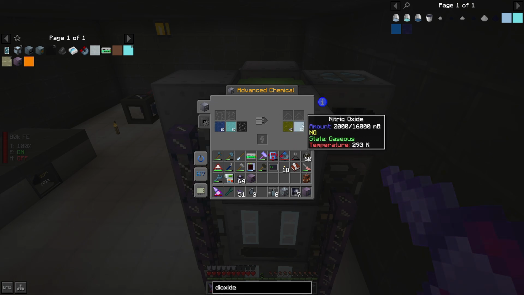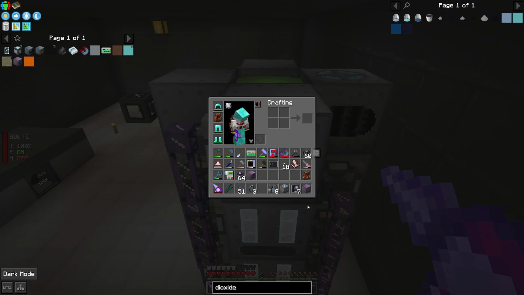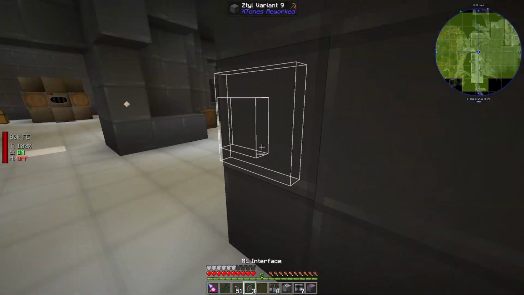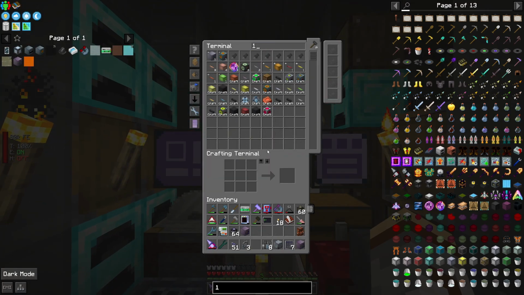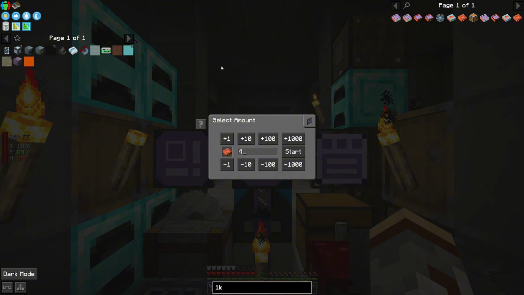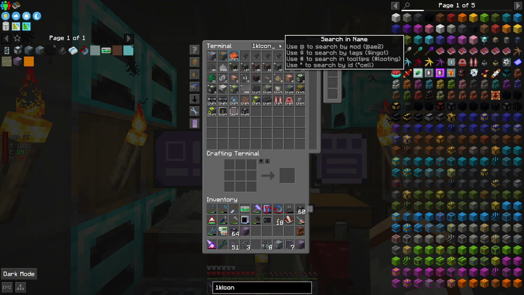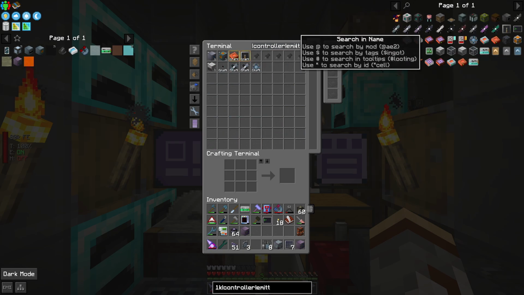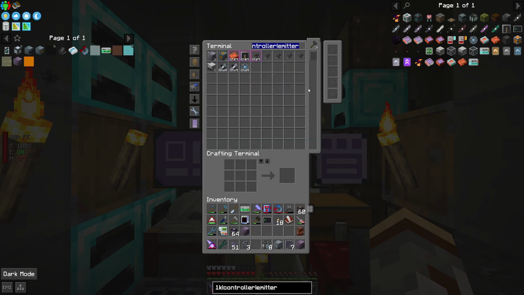So we're going to make a cell for that. But in the meantime, oh, I didn't grab the controller. So yeah, let's take care of this while we're here. Let's get a couple of these. Controller. Emitter. Put these away for the time being.